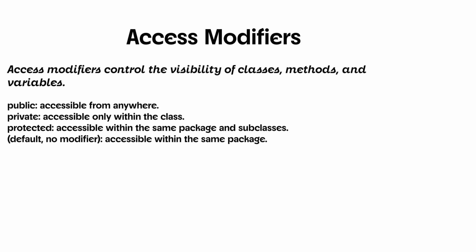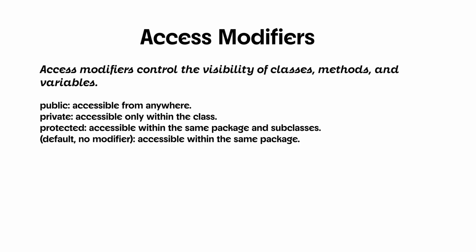In Java, access modifiers are keywords that control where your classes, methods, and variables can be accessed from in your code. There are four main ones: public, private, protected, and the default. If something is public, it can be used from anywhere in any other class or package. Private means it can only be used inside the same class. This is good for hiding internal details.